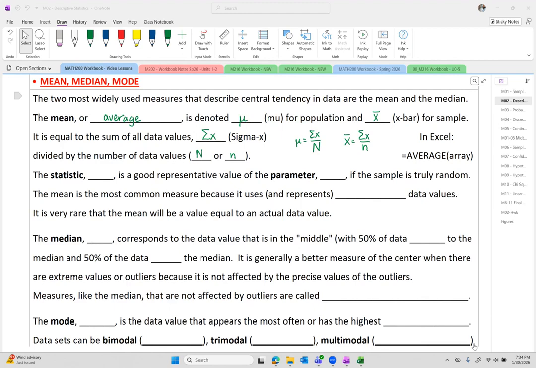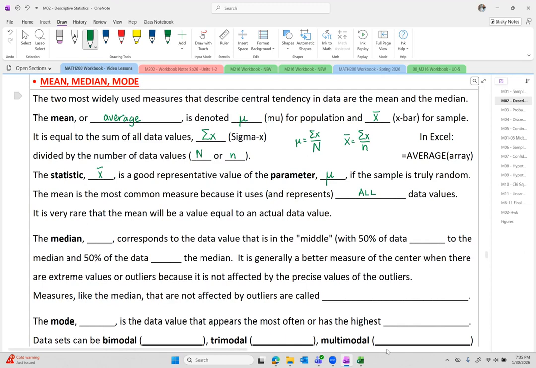The statistic x bar is the way we will try to approximate the parameter mu, and it will be a good representative value of the parameter if the sample is truly random. The mean is the most common measure because it uses and represents all the data values. It is very rare that the mean will be a value equal to an actual data value.